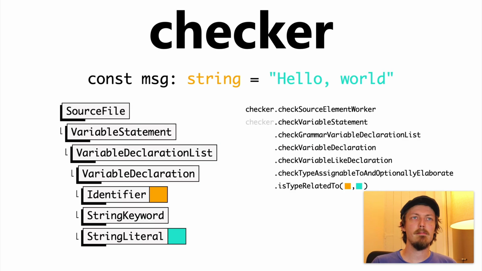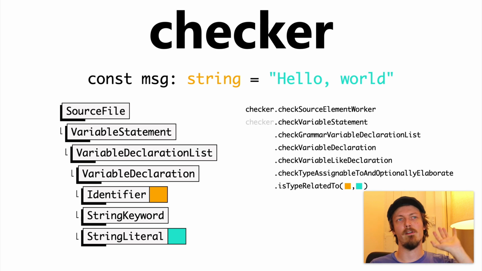So thinking about the checker, the structure of how it is architected is to echo the structure of how a syntax tree is architected inside TypeScript. Looking at this comparison of the assignment that happened on the first statement of that source code, we first look at a source file, and then we go into a variable statement, and then a variable declaration list, and a variable declaration, and so on.